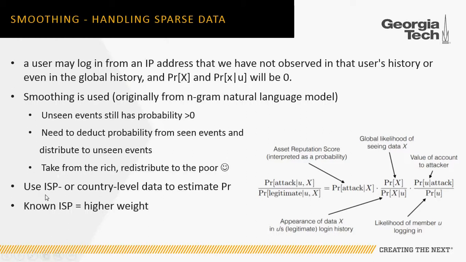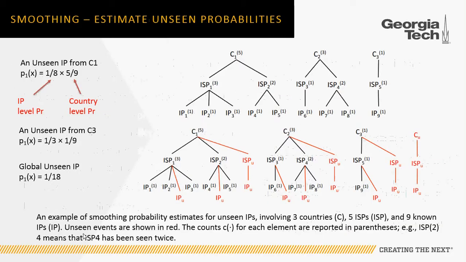So when the IP address is not seen before, how do we estimate the probability? We can use ISP data or country level data to estimate the probability. And clearly, if an ISP is known, that means it has a higher weight. So here is an example of smoothing probability estimates for unseen IPs.